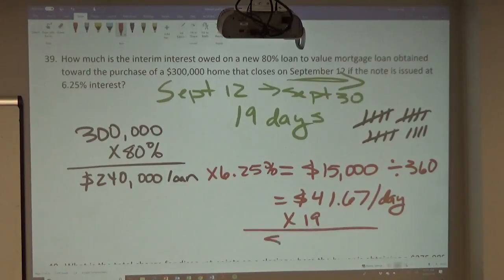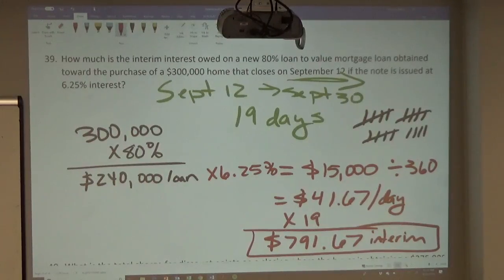And that is $791.67 in interim interest. And that would be paid by the buyer on the closing statement. It would be debited from the buyer, charged to the buyer on the closing statement.